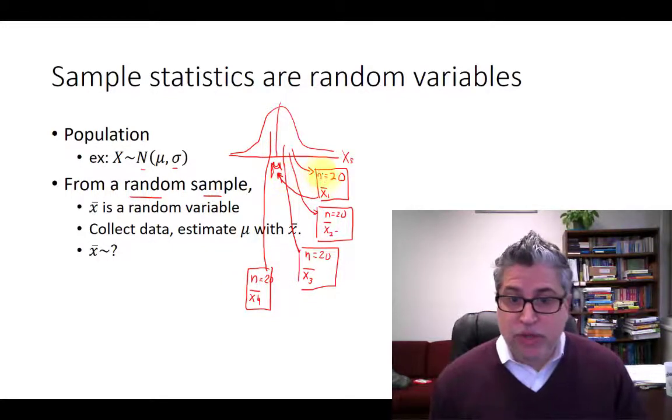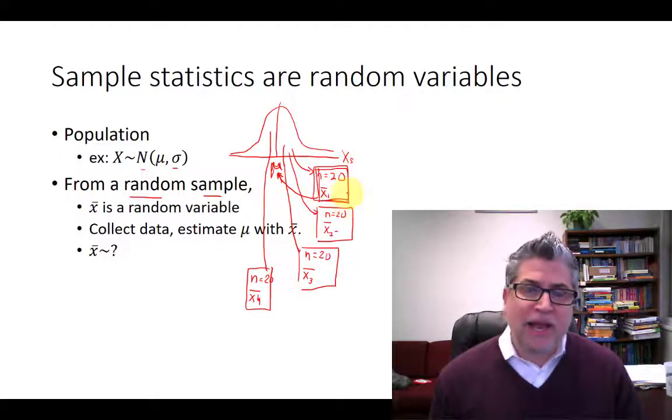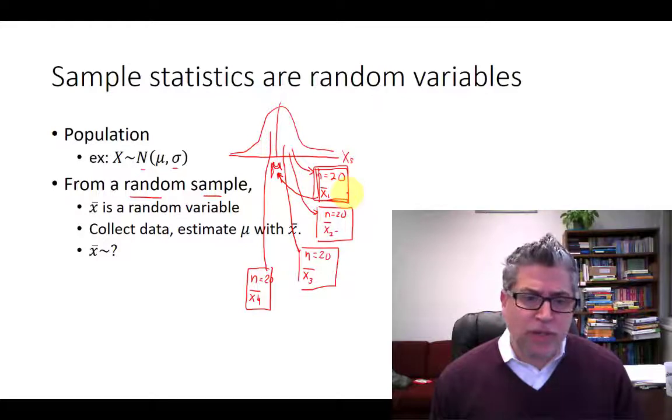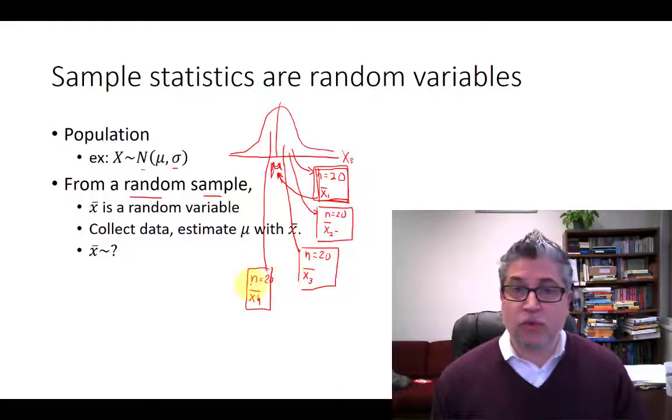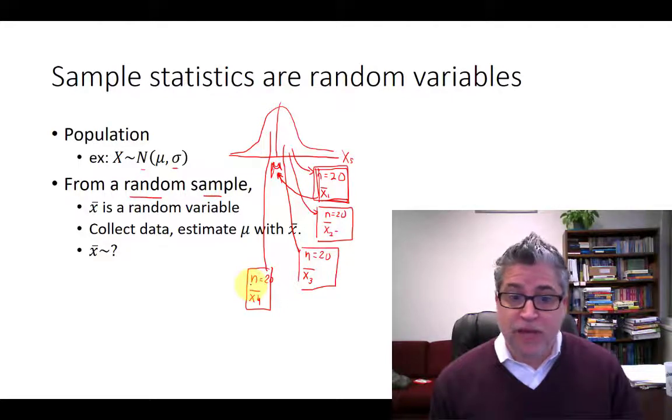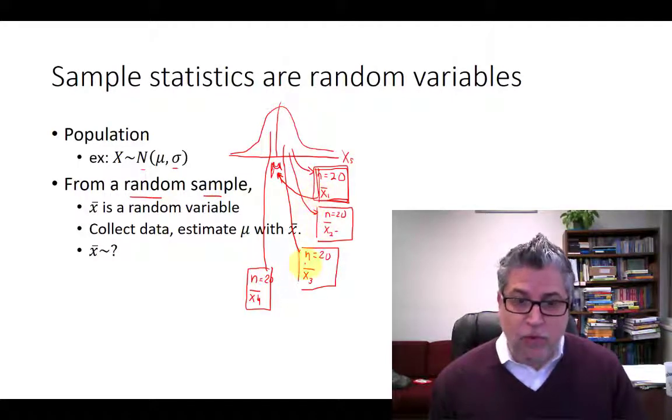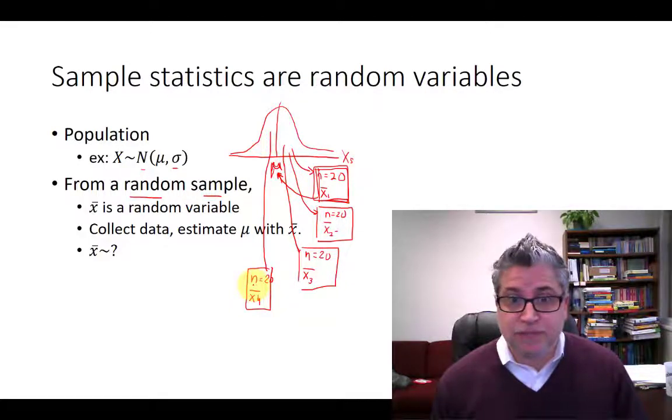Now in practice, we would only do this once, but I'd like to consider what's the probability that we would have taken any one of these different random samples, right? And gotten any of an infinite number of different sample averages.